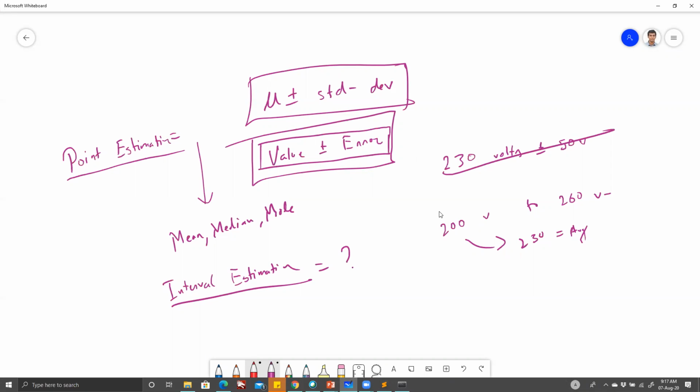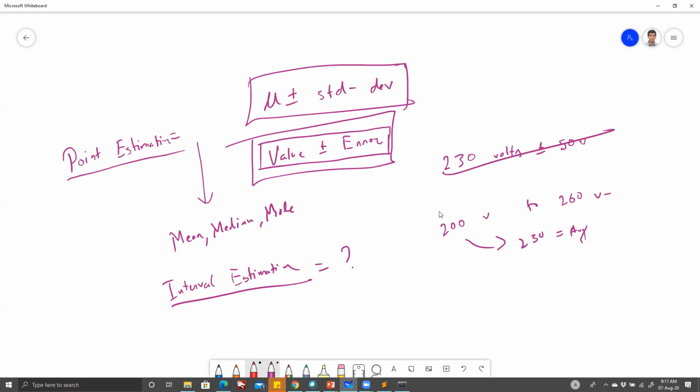So of course there is a margin of error here. You are not going to get an exact point estimation. Even if you give a point estimation, you are not telling the whole truth. So we want to understand what interval estimate we are working with. Even in real life, you use interval estimates a lot.